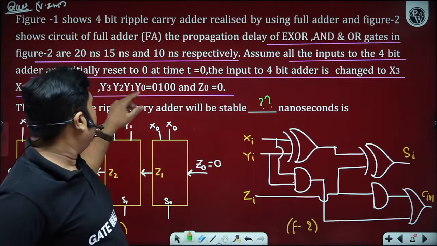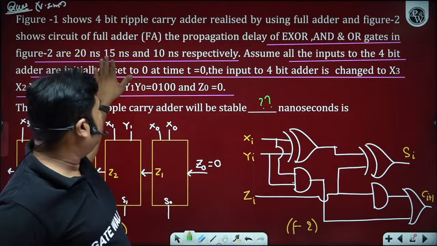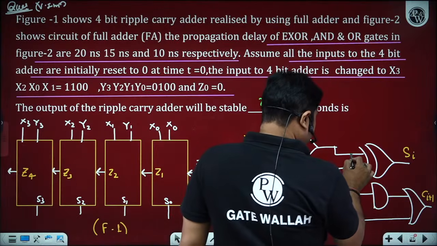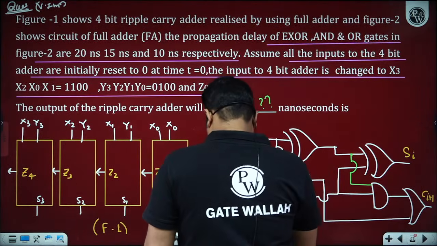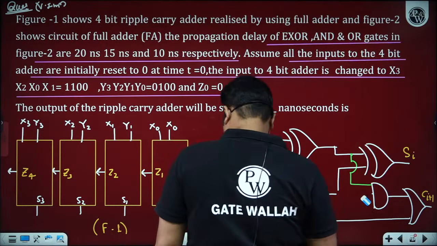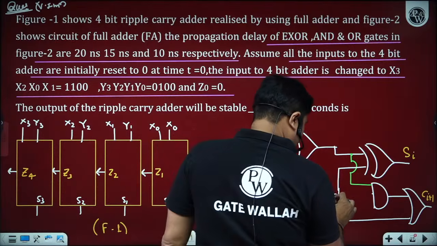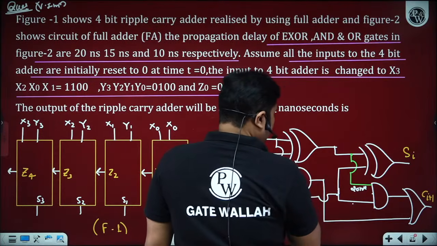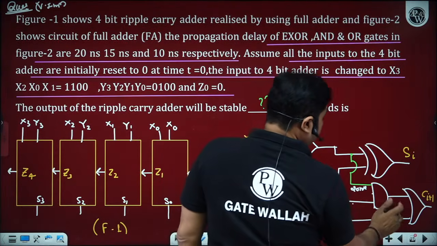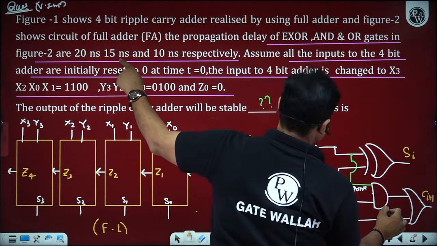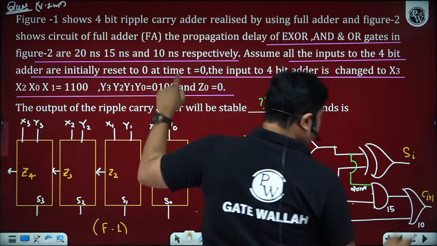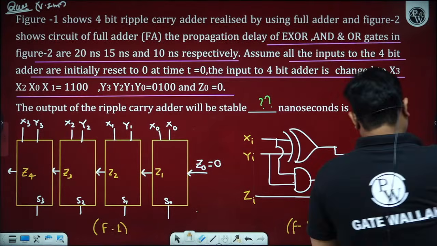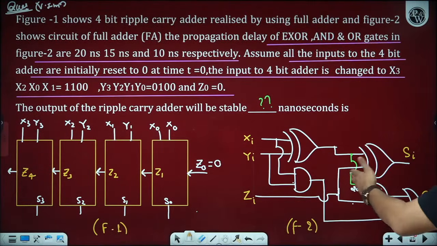The carry bit will be available after 20 plus the AND gate of 15 nanoseconds, and then the OR gate of 10 nanoseconds, so 20 plus 25, that is 45 nanoseconds. So we have a sum bit in 40 nanoseconds and a carry bit in 45 nanoseconds.